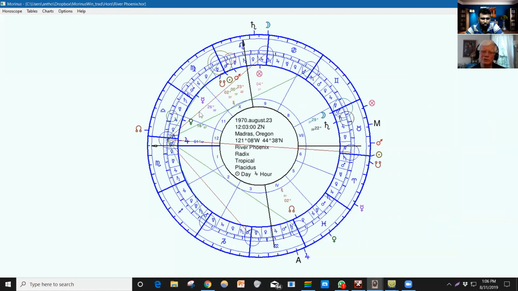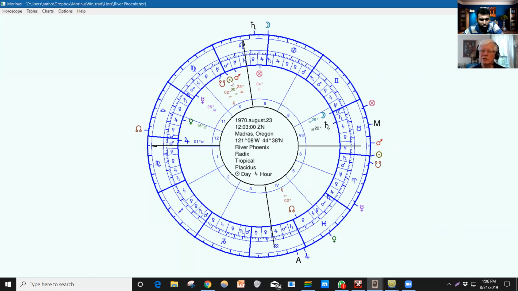I clicked on Jupiter, and there's all its aspects, let me get rid of those. Oh, I'm sorry. This is 1 of Scorpio, so it'd be 1 of Virgo. Okay, so the sextile of Jupiter in Virgo is just after the sun, 1 of Virgo.